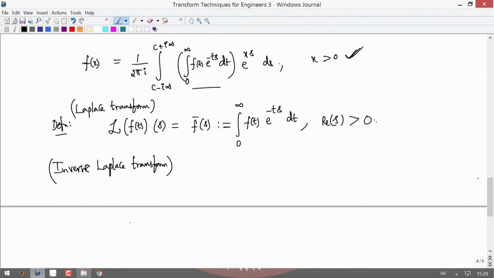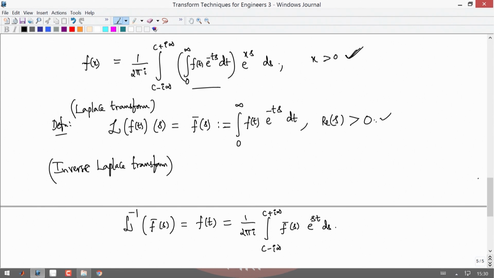So, the inverse Laplace transform of f bar of s is f of t, which is 1 by 2 pi i times the integral from c minus i infinity to c plus i infinity of f bar of s e power st ds, because it is a function of t.